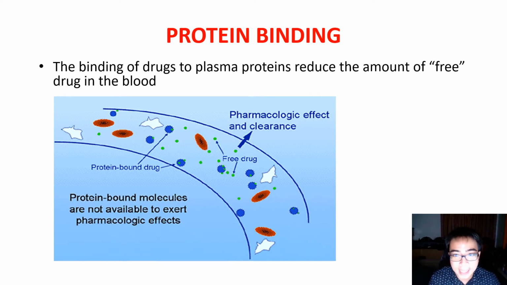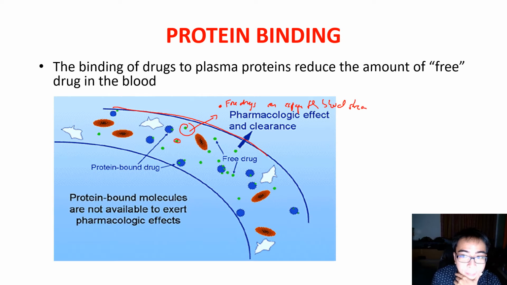Now, basically, class, ano bang nangyayari pag na-bound ang isang gamot? So, assuming, class, this is the bloodstream. Ito kunwari yung ugat. Normally, class, when a drug is free, say, for example, itong green na to, these green ones, these are free drugs. As long as they are free, class, they can easily escape the bloodstream.